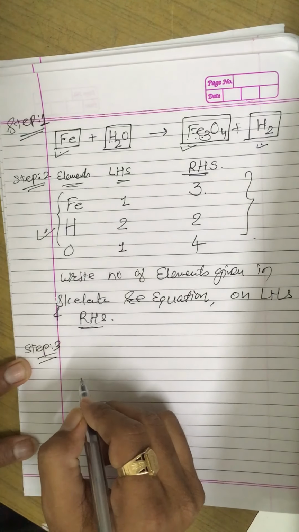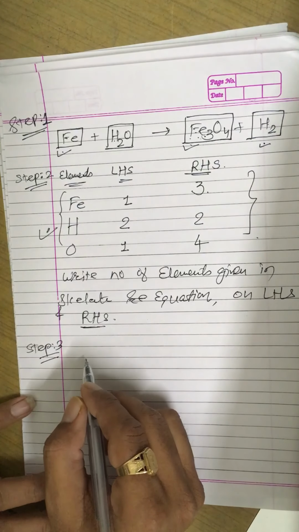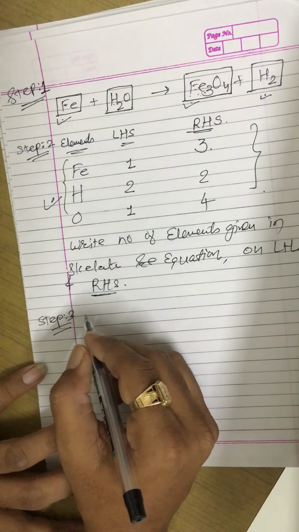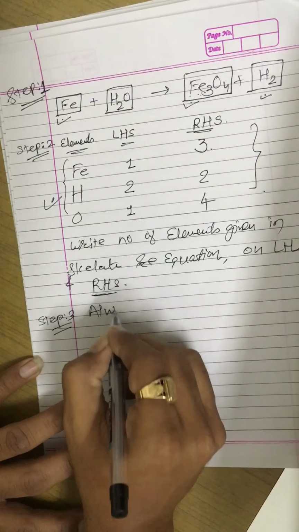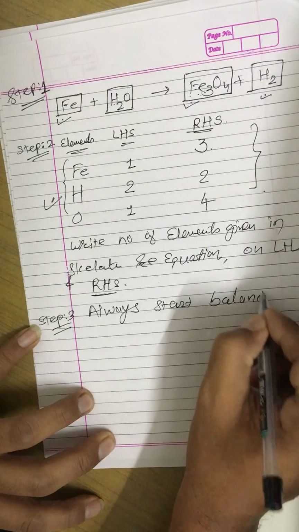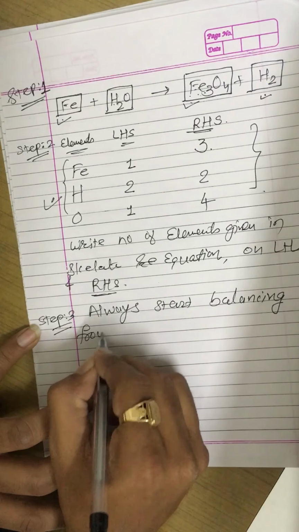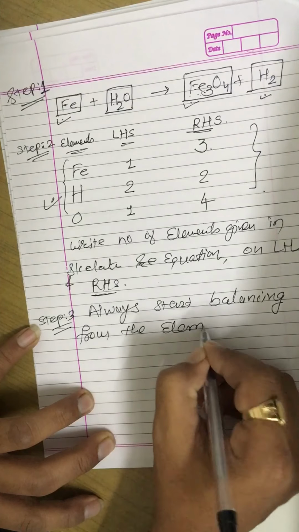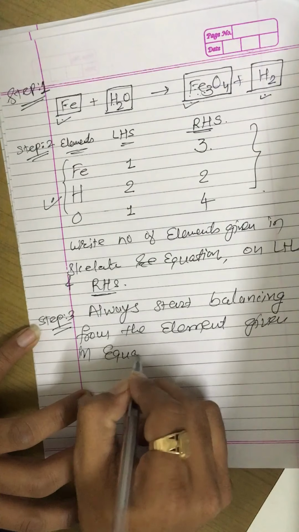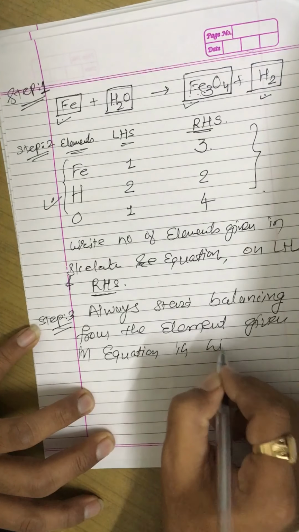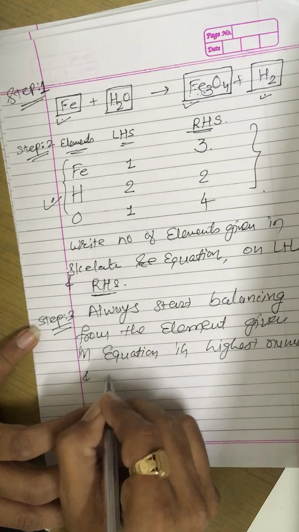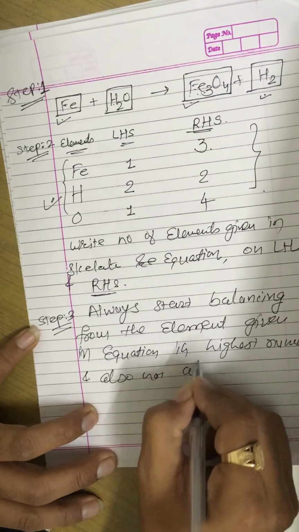Now friends, let's go for step number 3. What to do in step number 3? Here, friends, we are going to start balancing. Remember, always start balancing from the element given in the equation in the highest number, and also not alone.